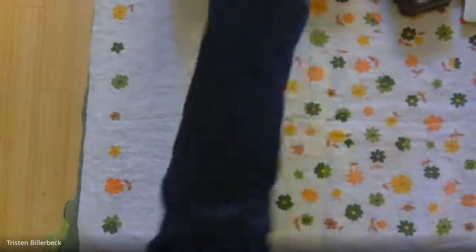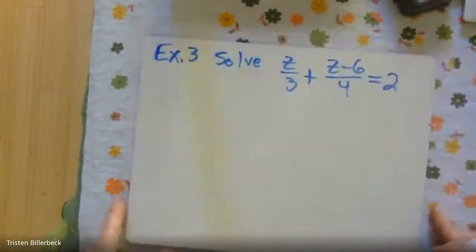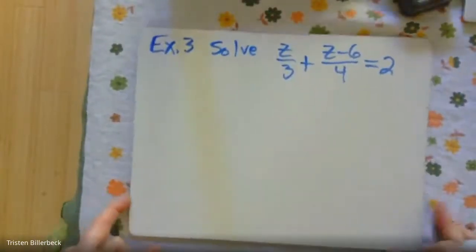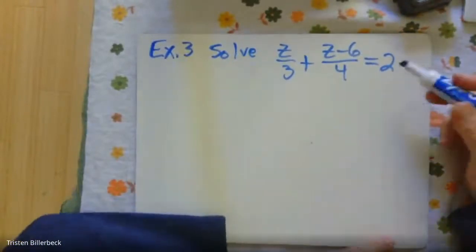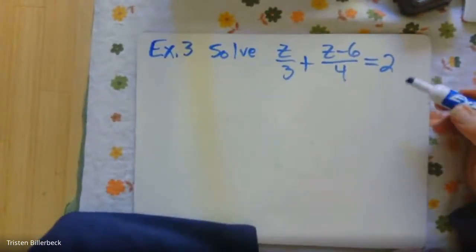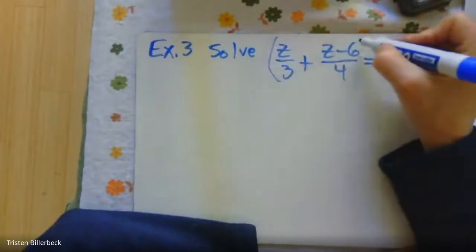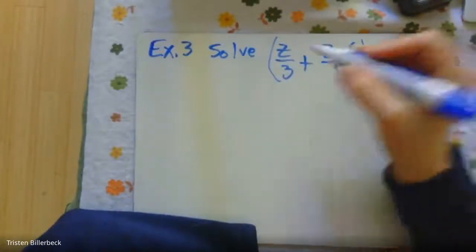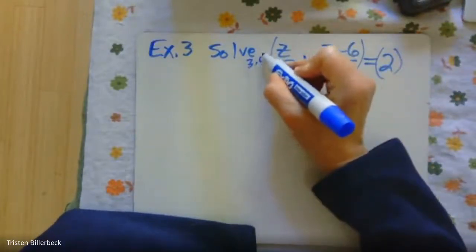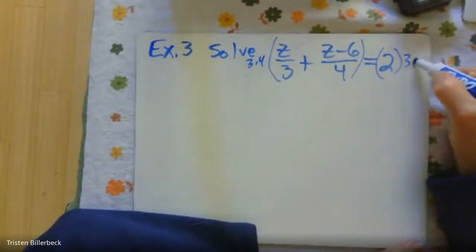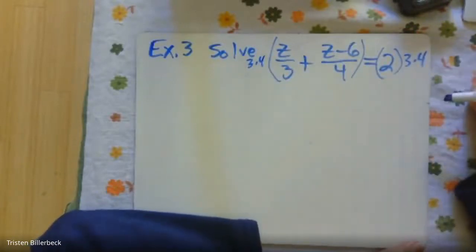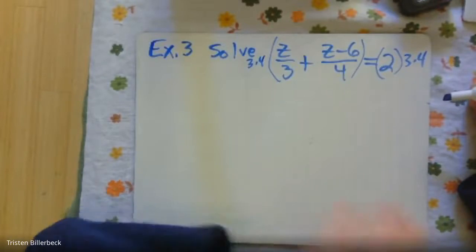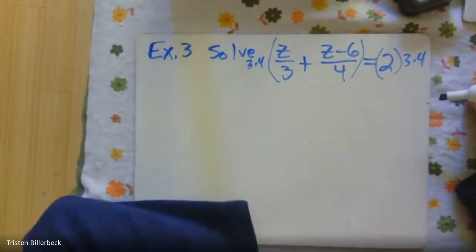All right. Let's look at this example. So we want to solve this. Well, I am going to multiply by 3 times 4 on both sides because I don't want to deal with those denominators. This is the ninja move for getting rid of denominators.